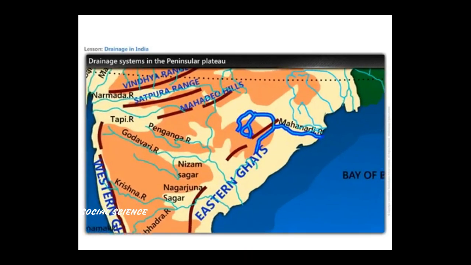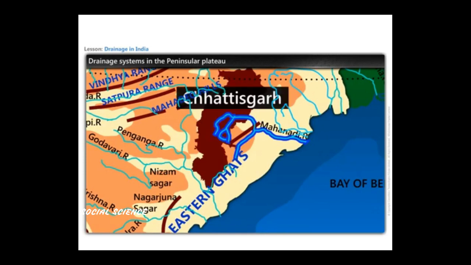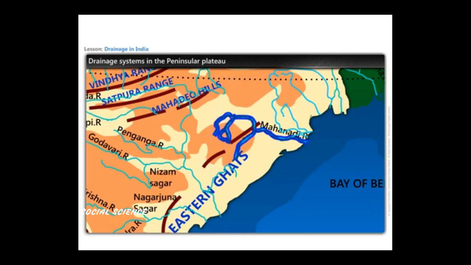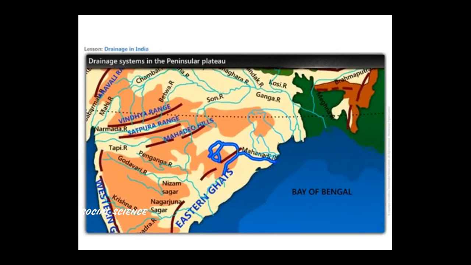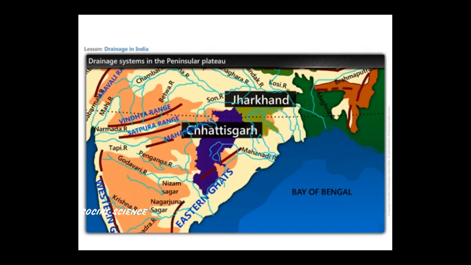Another important east-flowing river, the Mahanadi, rises in the highlands of Chhattisgarh. The length of the river is about 860 kilometers. Can you name the states that share Mahanadi Basin? Its drainage basin is shared by Chhattisgarh, Jharkhand, and Orissa.